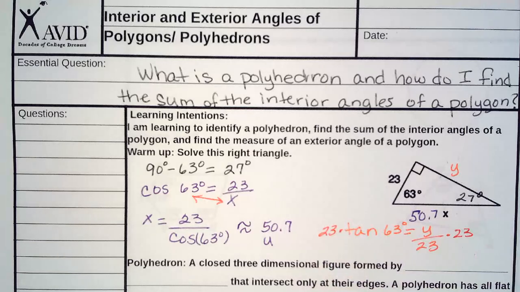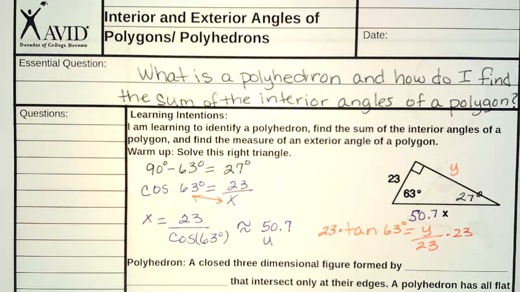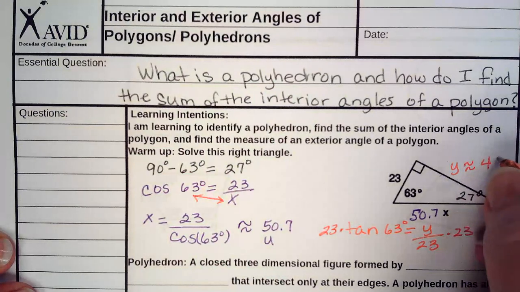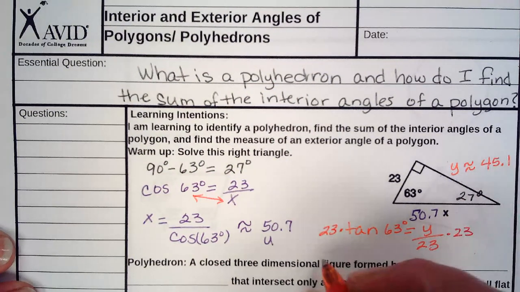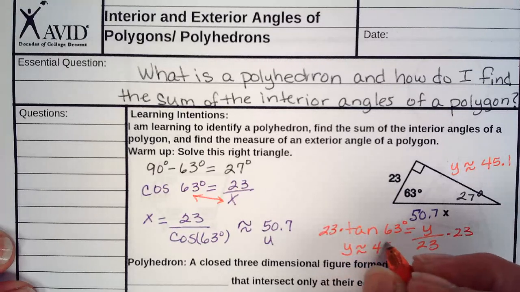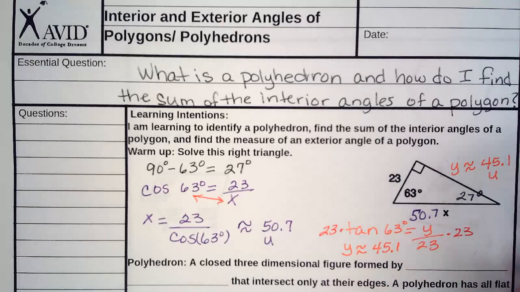So we're going to take 23 times the tangent of 63, and we end up with 45.1. And once again, we just put U for units because we don't know what units it's in.